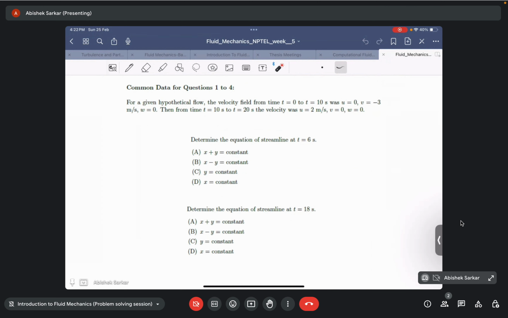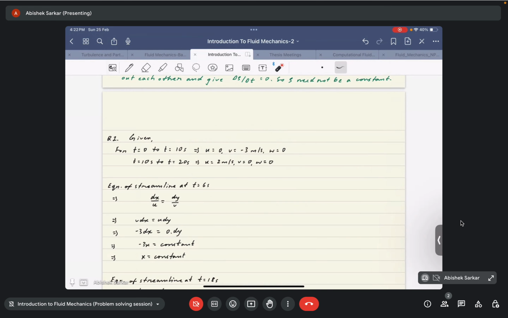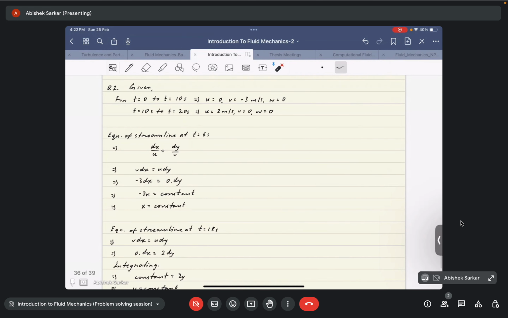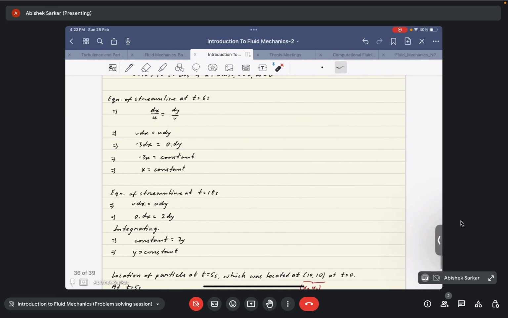I hope it's very simple again. We just use the definition of the equation of streamline here. For t equal to 6 seconds, the velocity field would be within the time period t equal to 0 to t equal to 10 seconds. So we can just substitute the values of u and v in the equation of streamline.